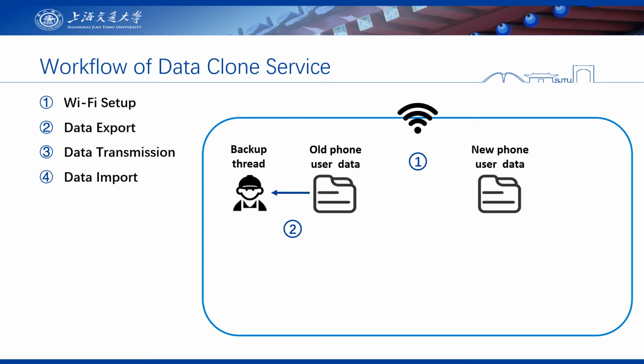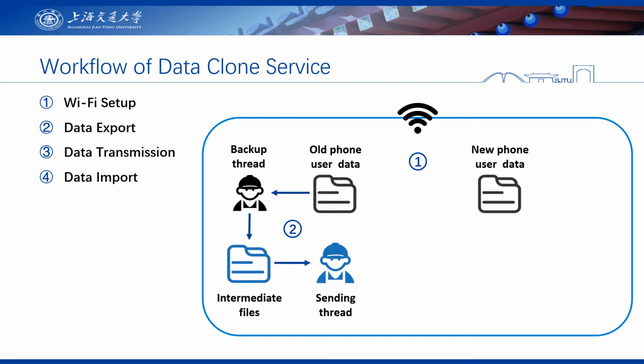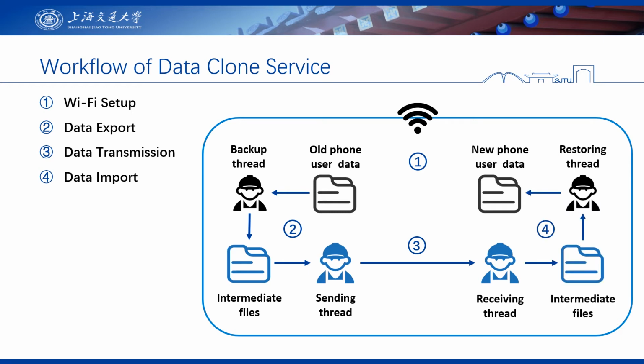Next, a backup thread on the old phone retrieves user data and packs them into intermediate files. As soon as a file is packed, another thread sends it to the new phone. When the file is received by a receiving thread on the new phone, a data restoring thread unpacks and imports the files.